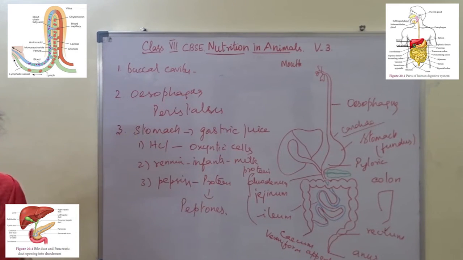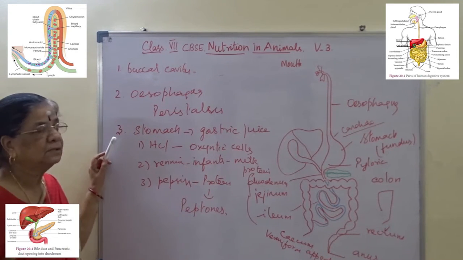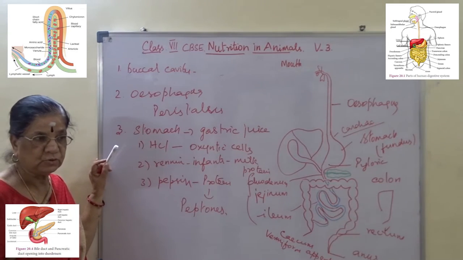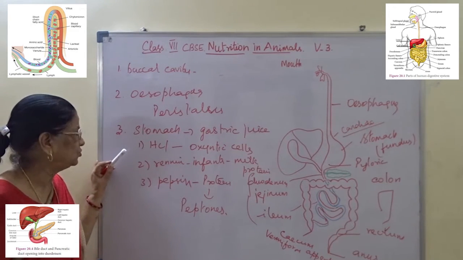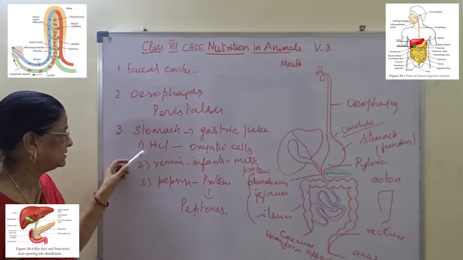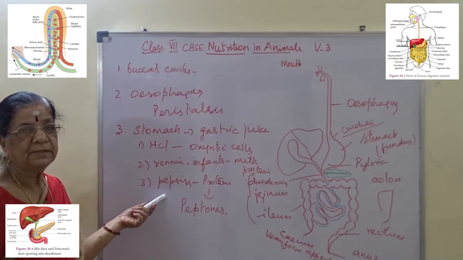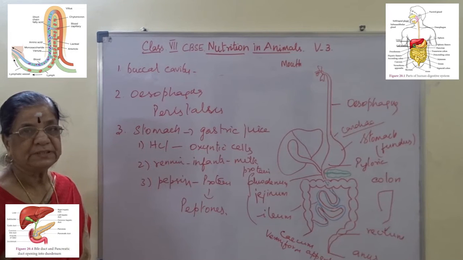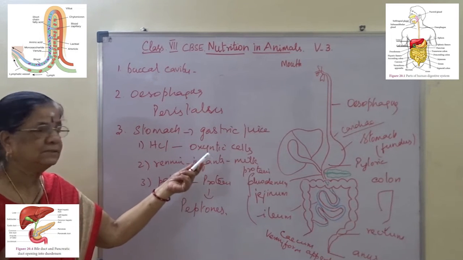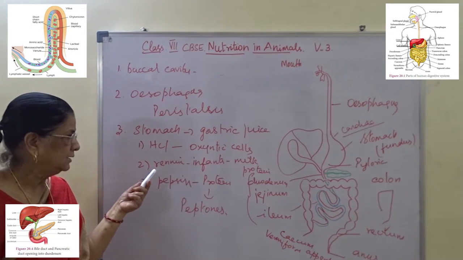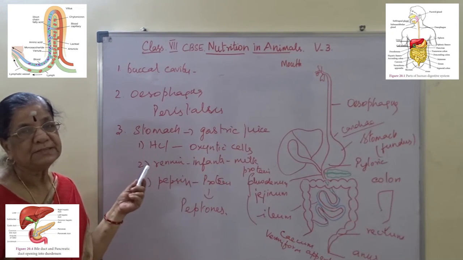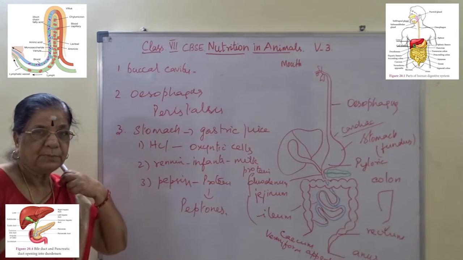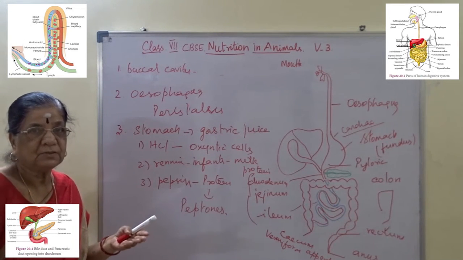I hope you understand. So in the stomach, the lining layer secretes gastric juice, and that gastric juice contains HCl, renin, and pepsin. HCl is secreted by a special type of cell called oxyntic cells. Now renin acts on milk protein in the infants. Newborn babies drink milk and vomit it out, and it comes out as curd.